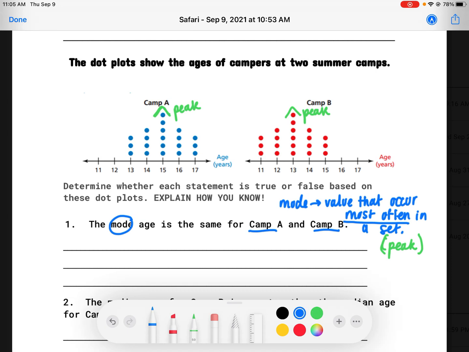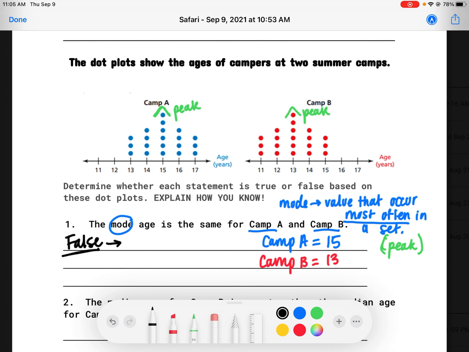So camp A, and I'll do this in blue, the mode for camp A is clearly 15, whereas the mode for camp B is clearly 13. So can we determine if those are the same?